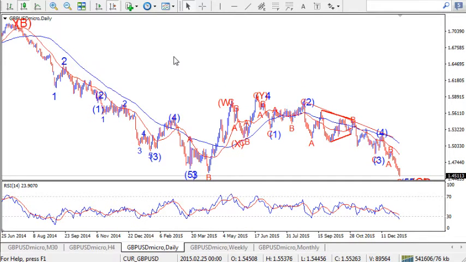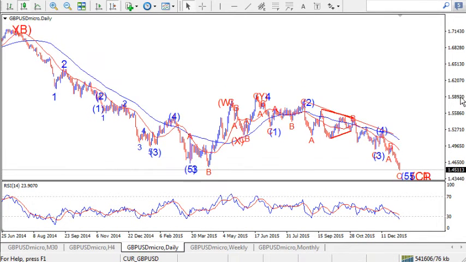As you can see here, the pound has moved to new lows, and now the minimum requirements for a complete 5-wave move to the downside is met. Therefore, sooner or later we expect a bounce from here and probably a long-term bullish reversal.